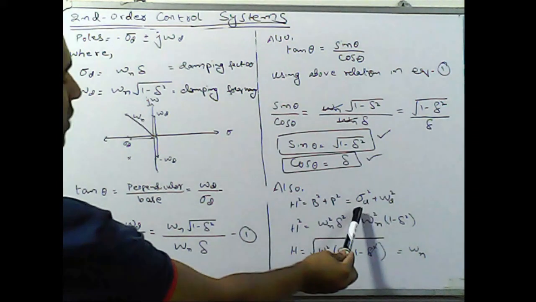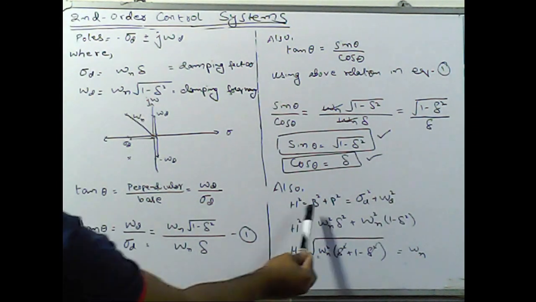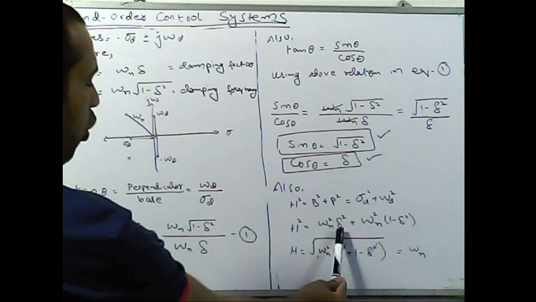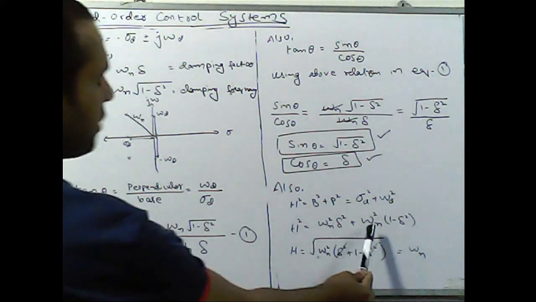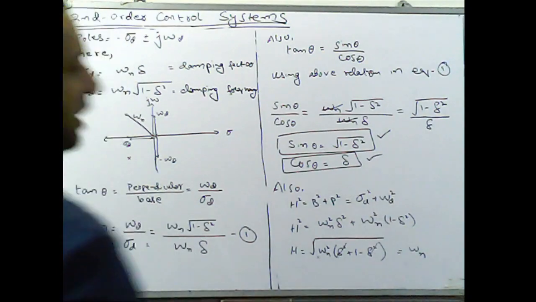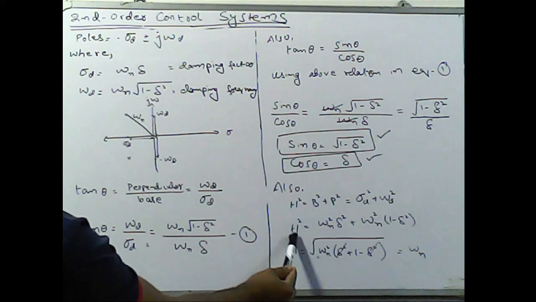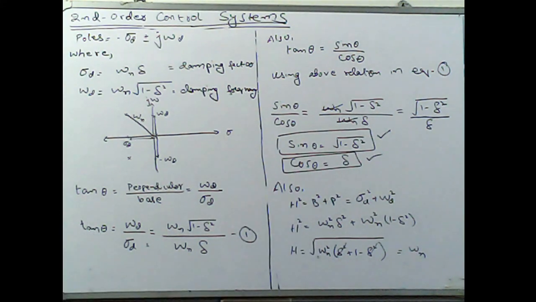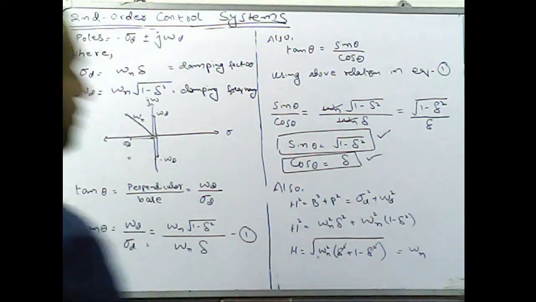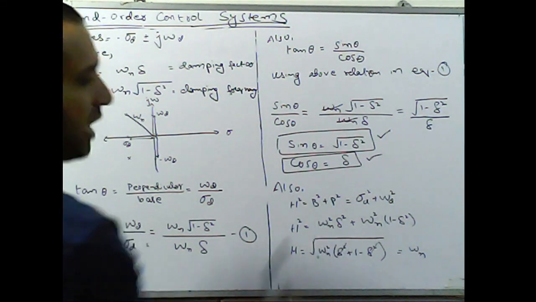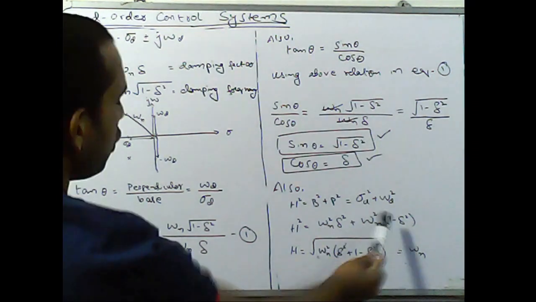After putting sigma d and omega d value into this base and perpendicular part, we can write it as hypotenuse square is equal to omega n square zeta square plus omega n square bracket 1 minus zeta square. In the next step, we need to remove this square from the hypotenuse. For that, we are simply taking the under root of this right hand side, and we can also take out omega n square common from these two terms.